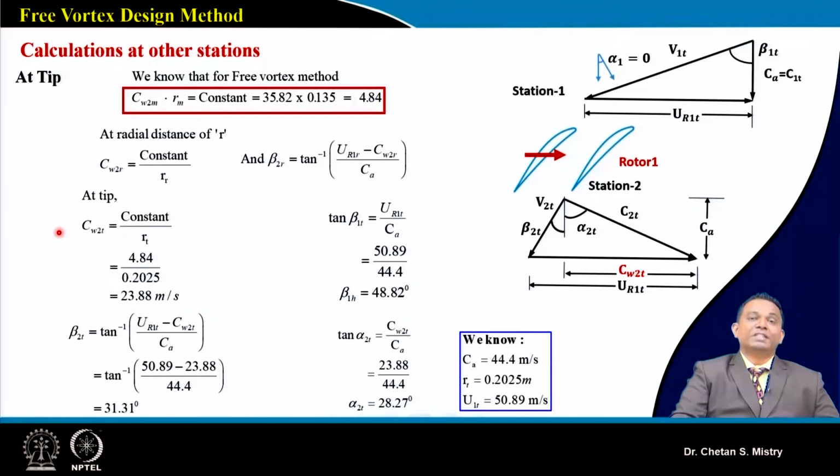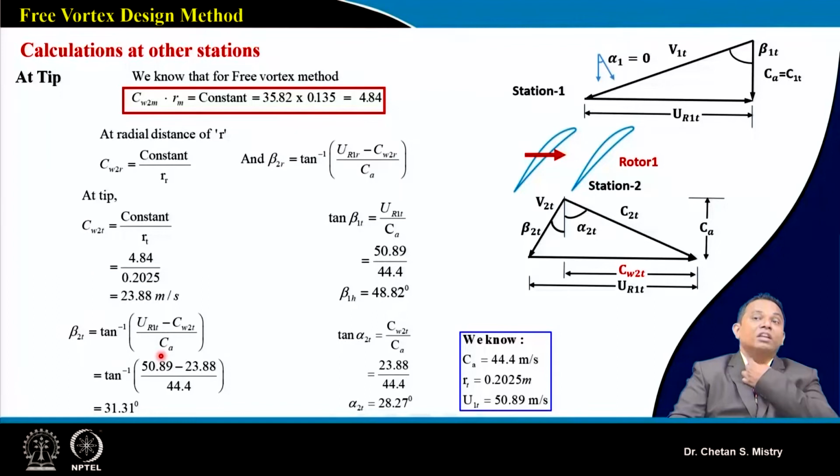So my CW2 at the tip is a constant divided by RT. If we put this in, CW2 is coming 23.88 meter per second.